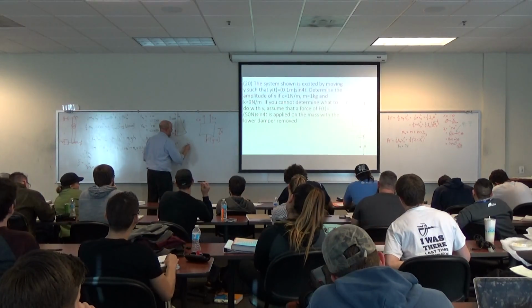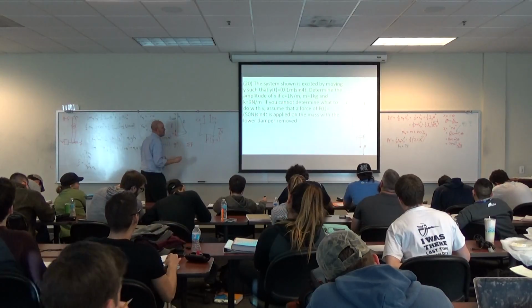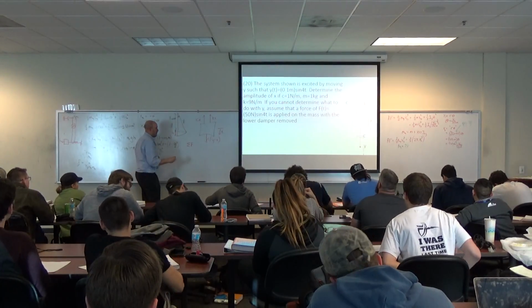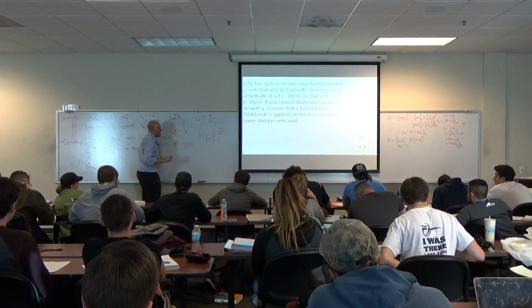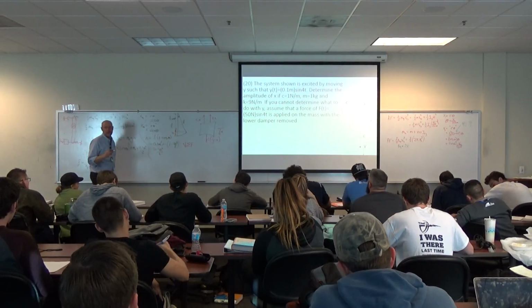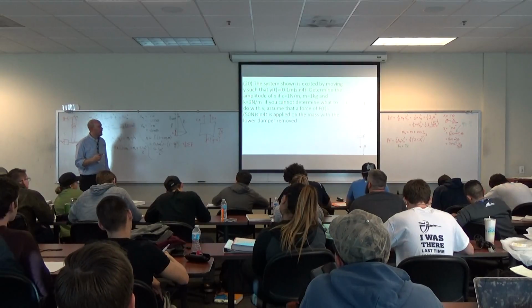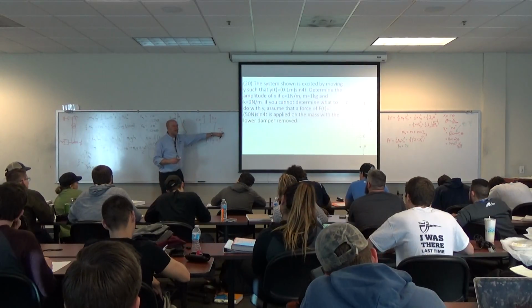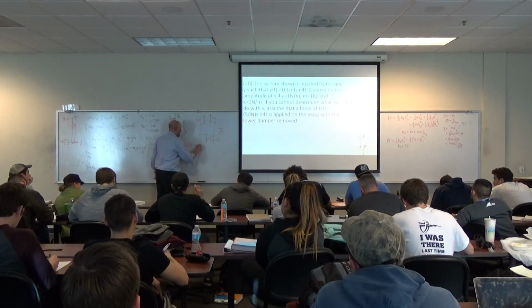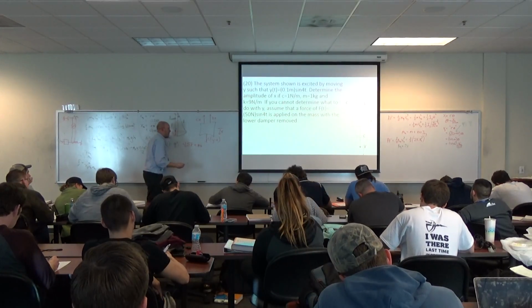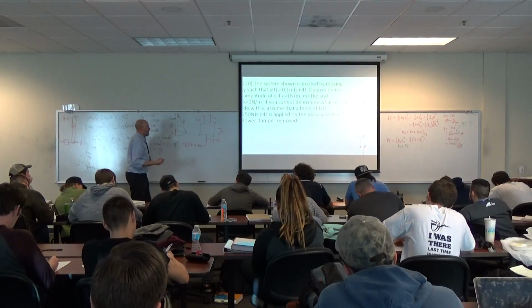And so then we basically have the sum of the forces, down is positive. What do we call down equals positive? Because we assumed x is positive going down. So then it's m times x double dot. That's equal to what?